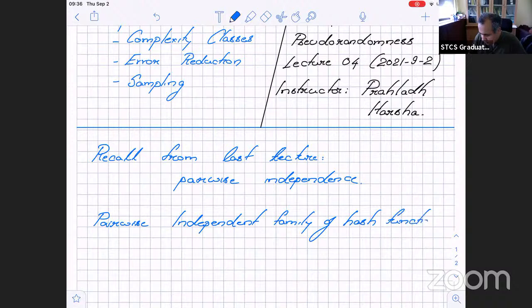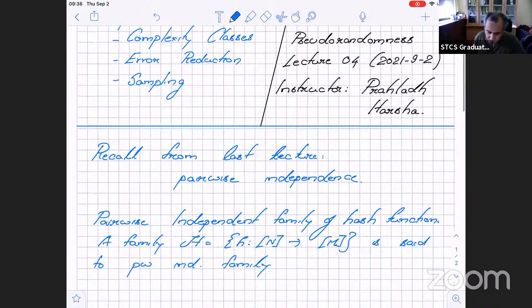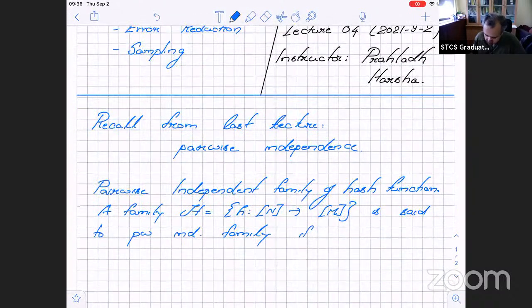And what is this? A family H of functions from, say, some domain of size n to a range of size m is said to be a pairwise independent family if two conditions are satisfied.